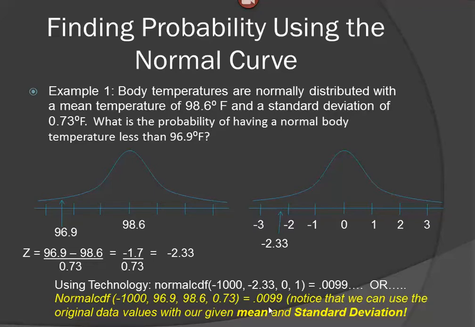This is where the calculator becomes much easier to use to calculate these areas. So we would say that the probability that a randomly selected person would have a body temperature less than 96.9 is 0.99%, or slightly less than 1%.